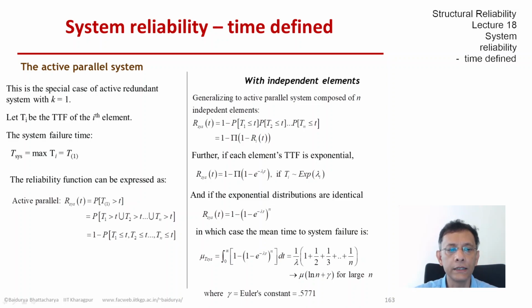So that gives an idea what benefit we are getting by increasing the number of elements as far as the mean time to failure is concerned.